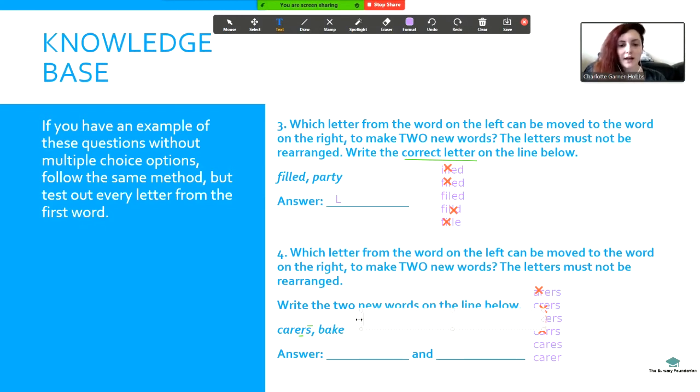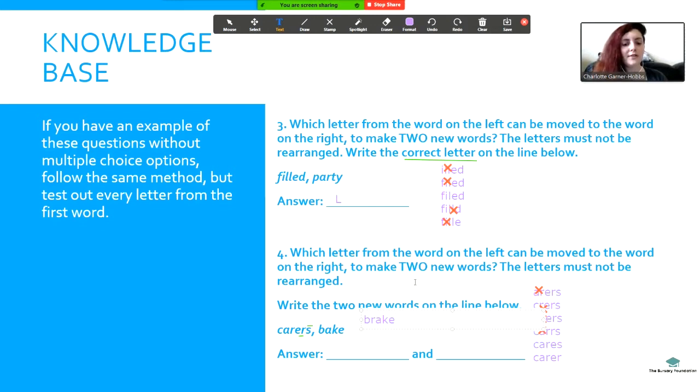So I could have RB, that's not going to work, BRAKE, that would actually work because I'd get break. I might also have BARKE, no, I know that's not going to work because that would be bark, that's not how I spell the word bark, and so on and so on.